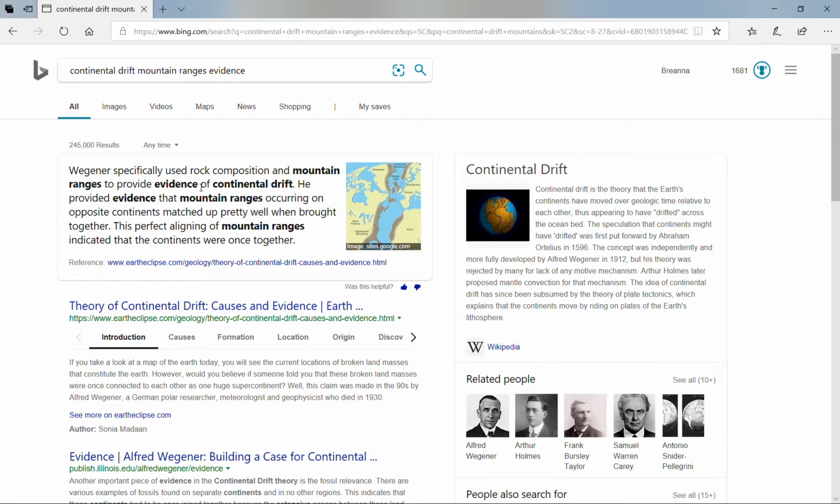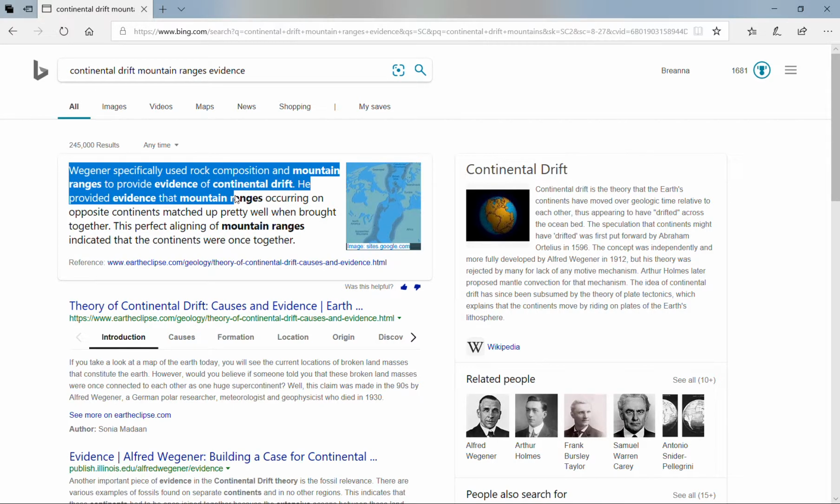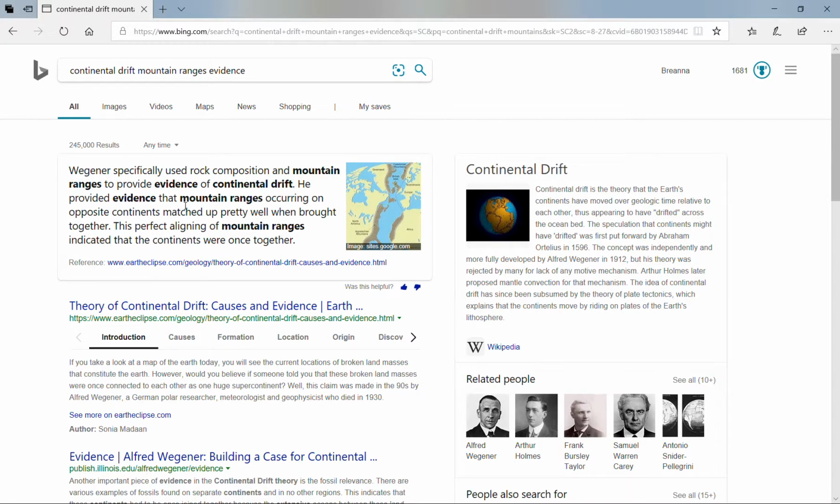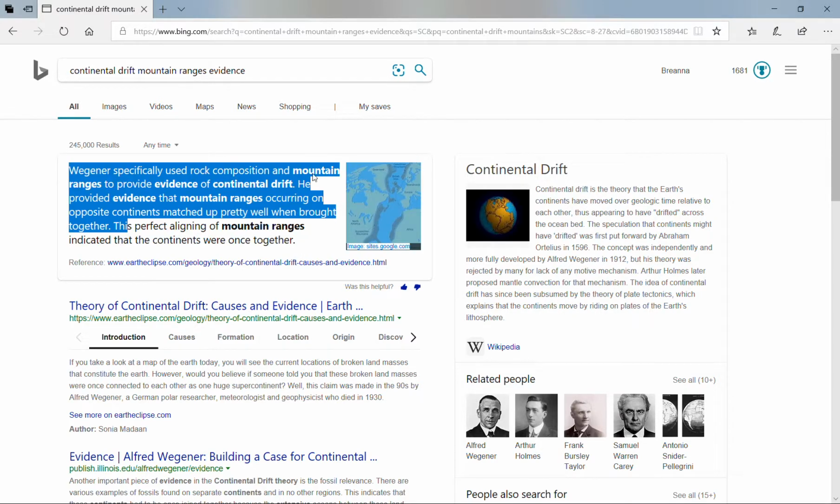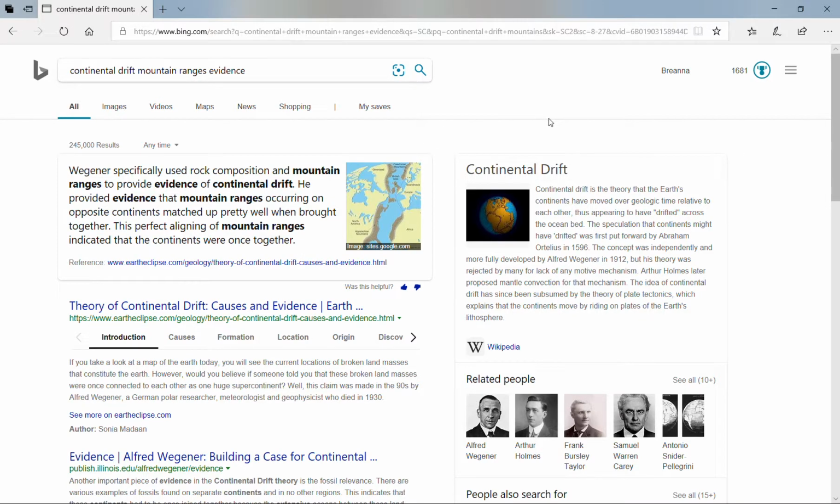Wegener specifically used rock composition and mountain ranges to provide evidence of continental drift. Mountain ranges occurring on opposite continents matched up pretty well when brought together. This perfect aligning of mountain ranges indicated that the continents were once together. So, those are some of Alfred Wegener's evidence of continental drift.